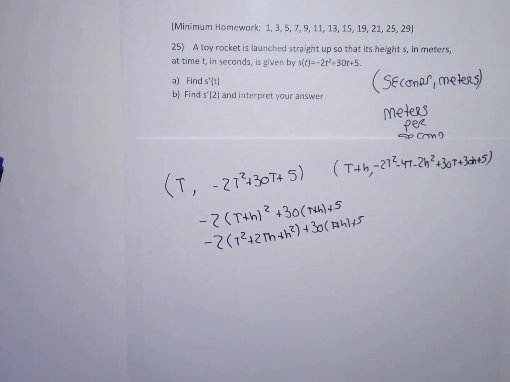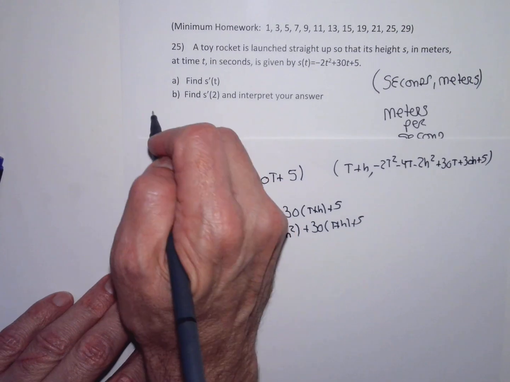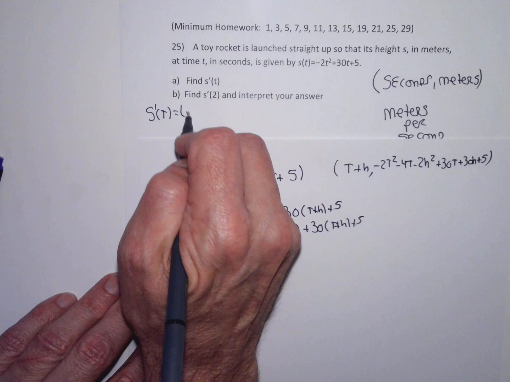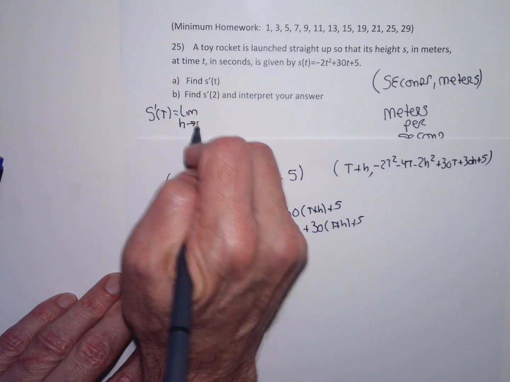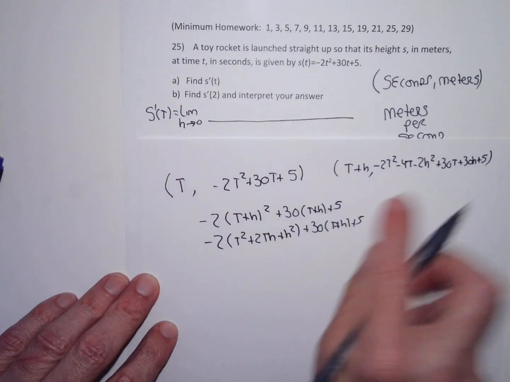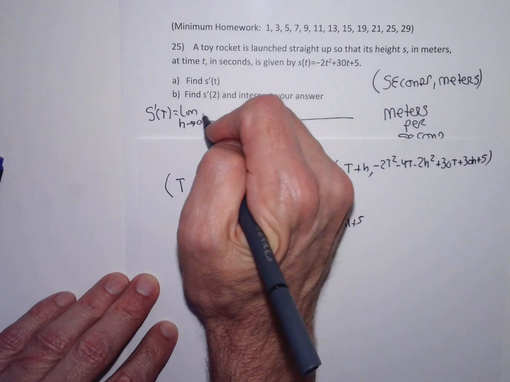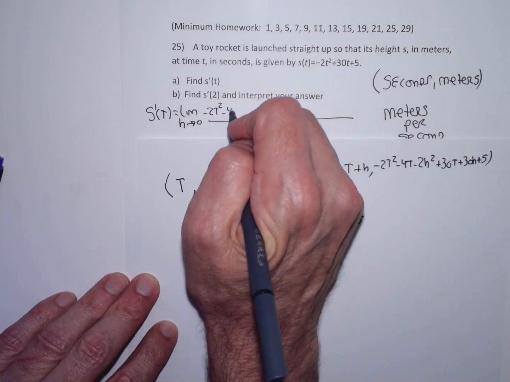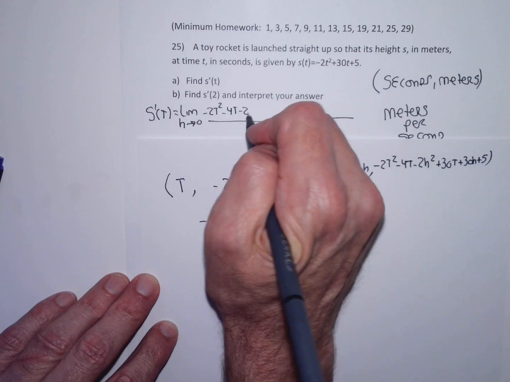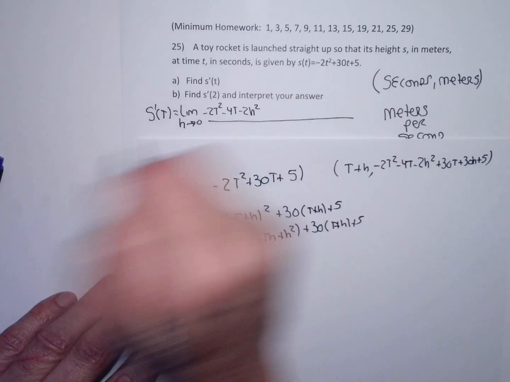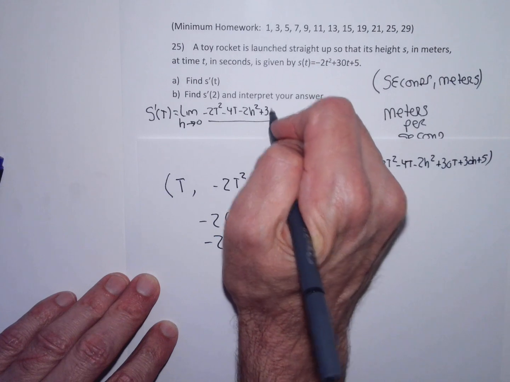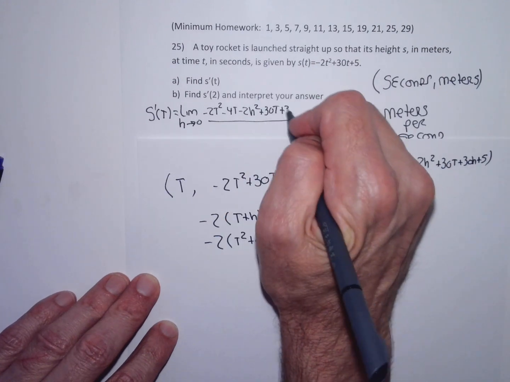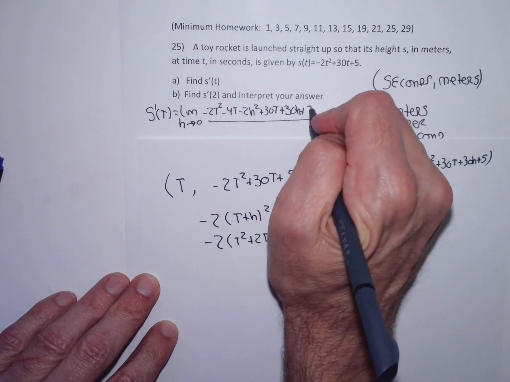Now I'm going to find the derivative. For part A, the derivative, s prime of t, is the limit as h goes to 0 of my fraction, and this goes first: negative 2t squared minus 4th minus 2h squared plus 30t plus 30h plus 5.